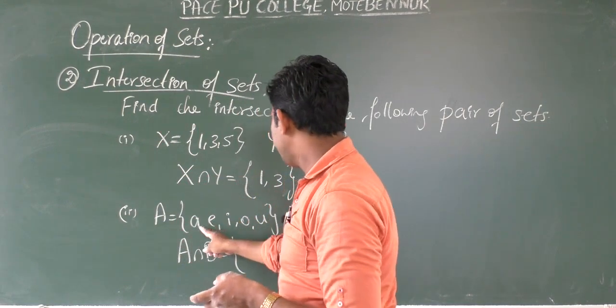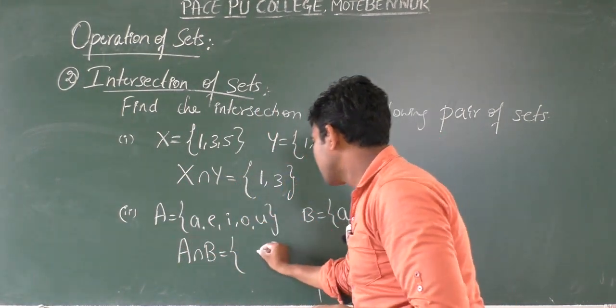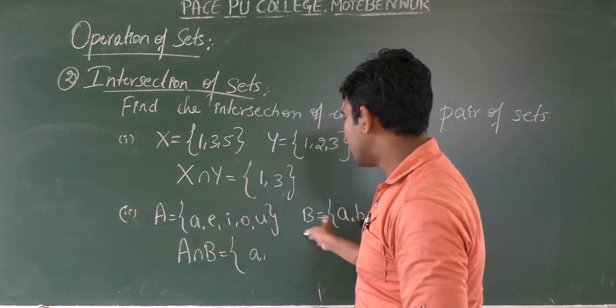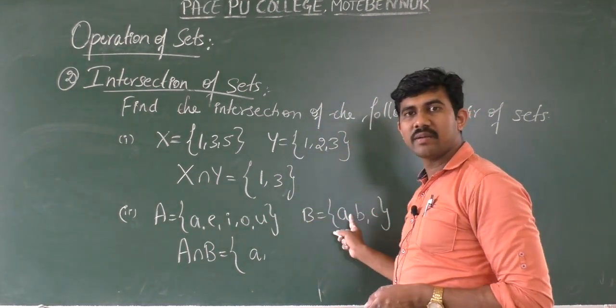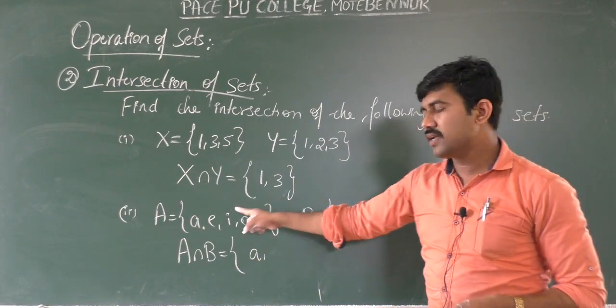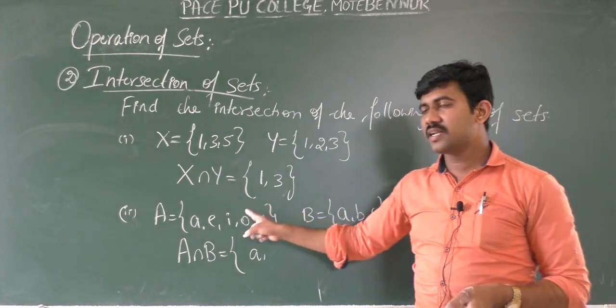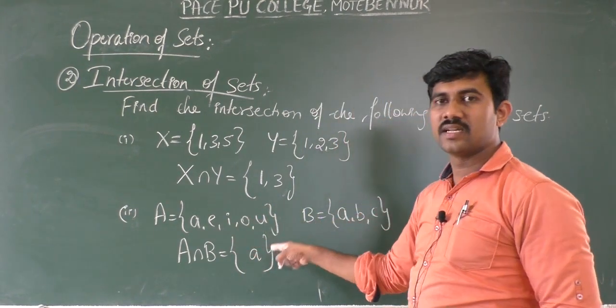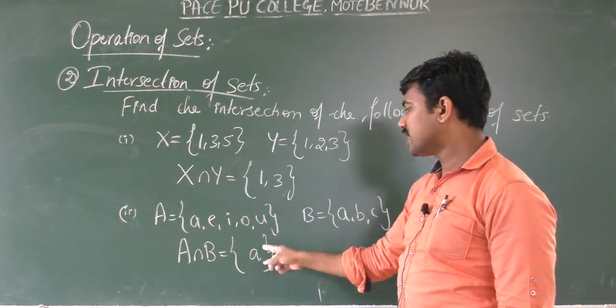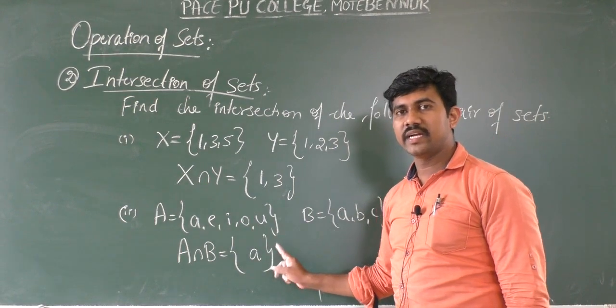A is common in both. Next, e is not there in B, i is not there in B, o is not there in B, u is not there in B. And b is not there in A, c is not there in A. So only a is in both sets. So A intersection B is the set containing a.